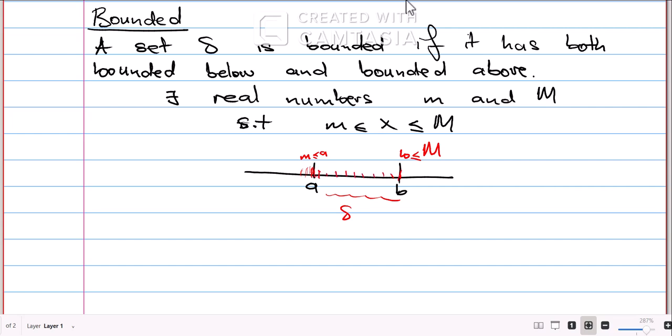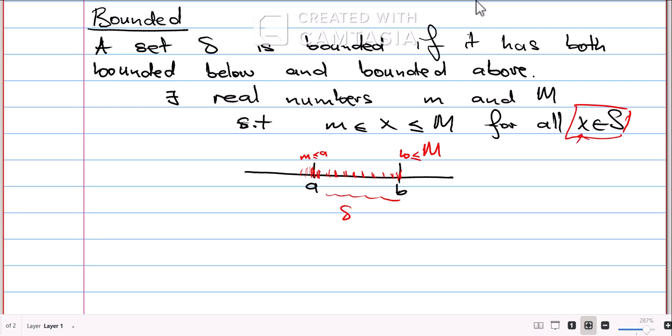Okay, this part, for all x is the element of S. So here we have the elements of S which are represented here by x.